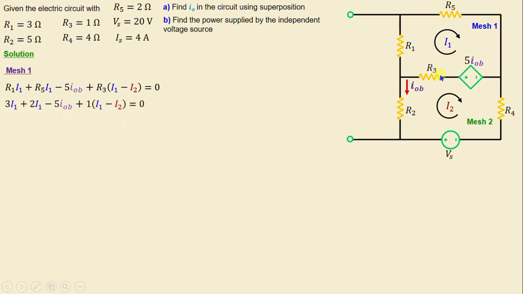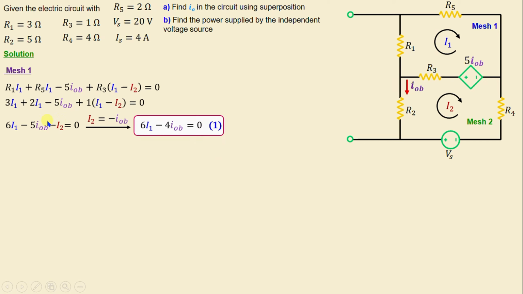If we continue simplifying this equation, we obtain 6I1 minus 5IOB minus I2 is equal to 0. From here, we can observe that I2 is equal to negative IOB. If we replace I2 with negative IOB, we obtain 6I1 minus 4IOB is equal to 0.